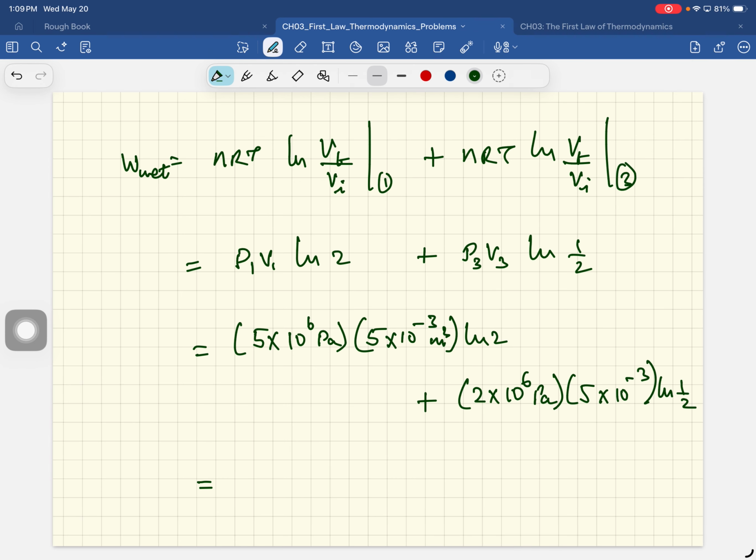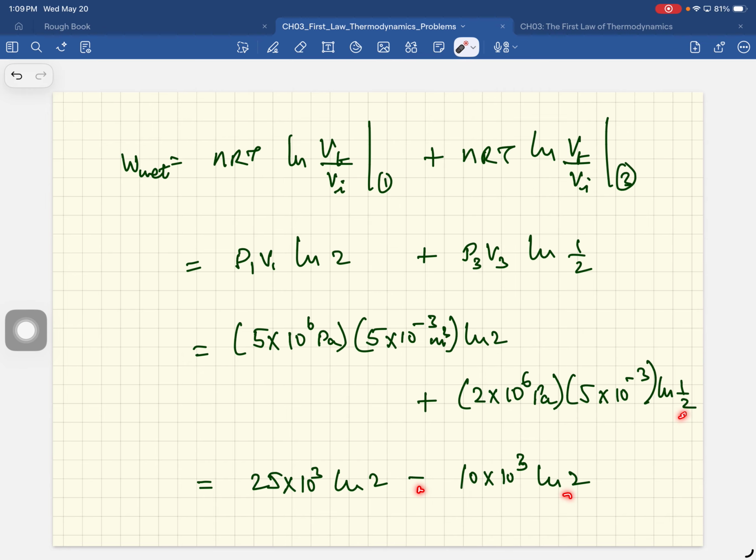Change in internal energy is n C_V delta T. For a diatomic gas, C_V is 5 halves R, since we're assuming this is happening at room temperature.